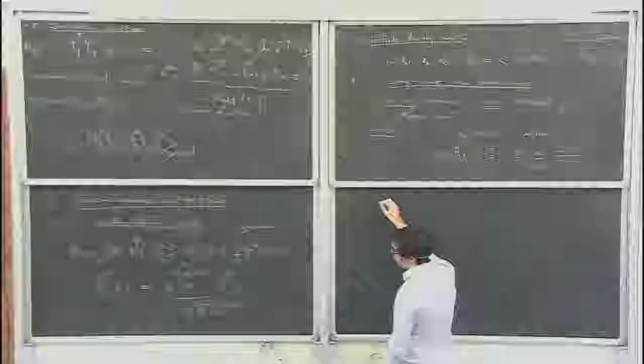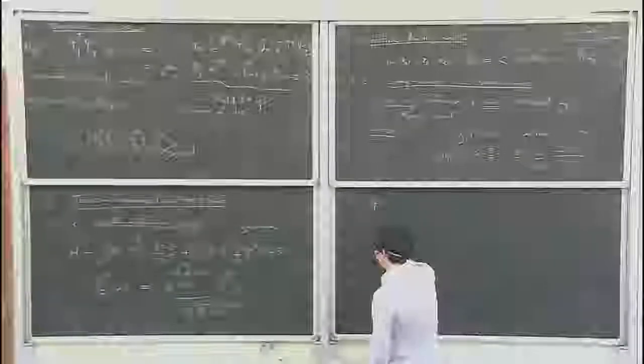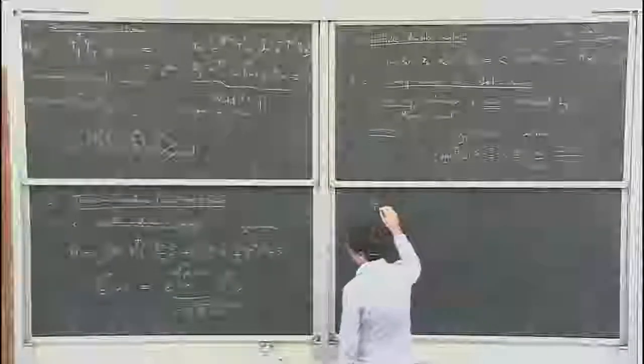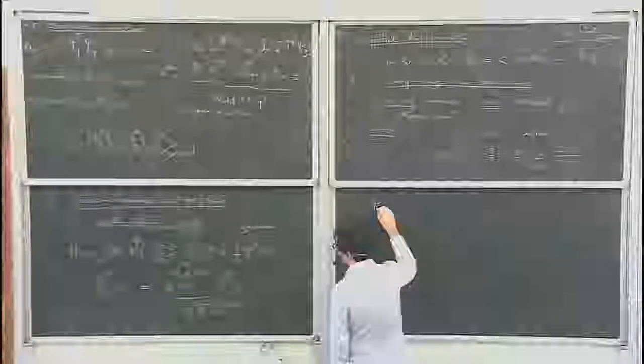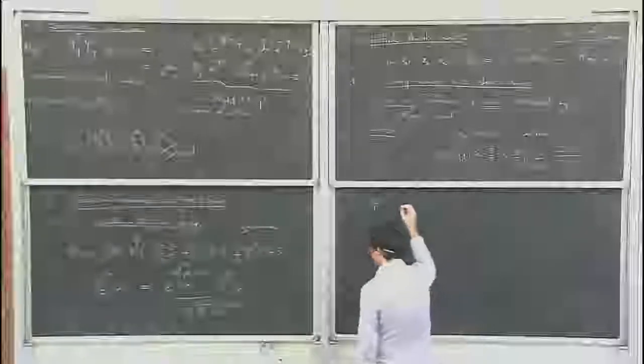Well, the way I would quickly explain it is to say, let's check that we have the correct anti-commutation relations at different points. So let's not focus on the same points.